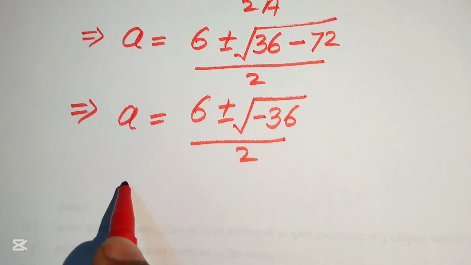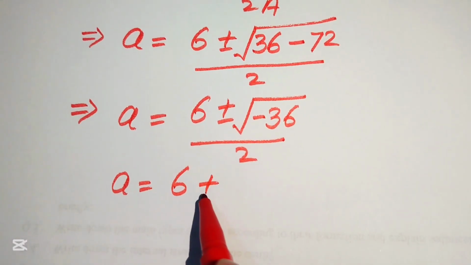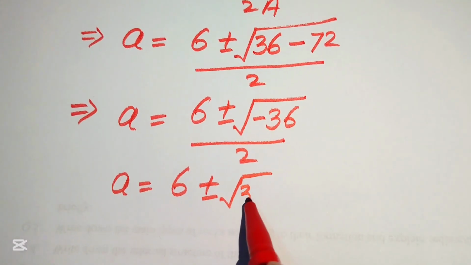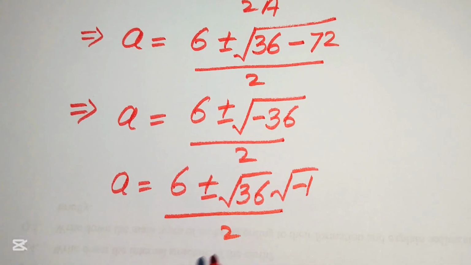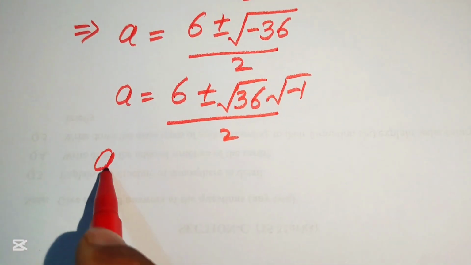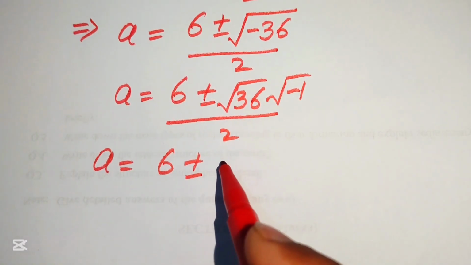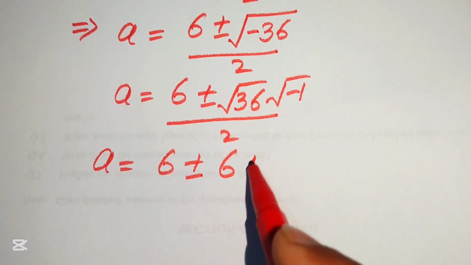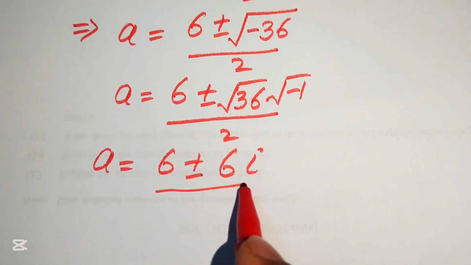Here we separate the square root on both of these terms, and it is written as 6 plus minus square root of 36 times square root of minus 1, divided by 2. So we have a equals 6 plus minus, we know that square root of 36 equals 6, and the square root of minus 1 equals iota, divided by 2.